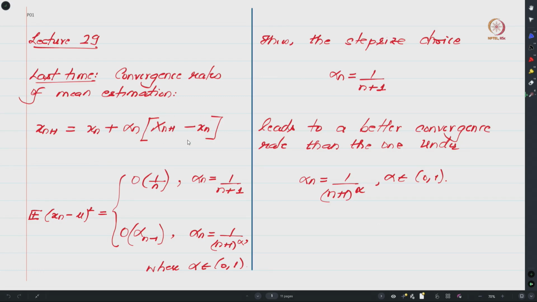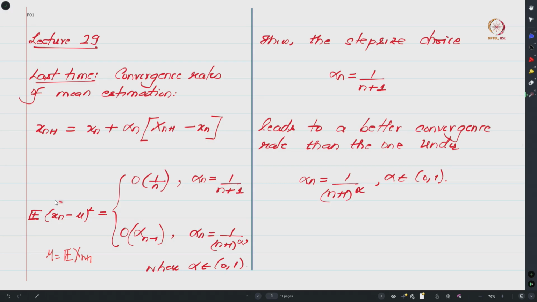And we showed that the mean squared error, which is defined as the expected value of (x_n minus mu) the whole square, where mu is the expected value of your X_{n+1} random variable, right. We have assumed that all random variables are identically distributed, and hence mu is the mean for X_n for every n.